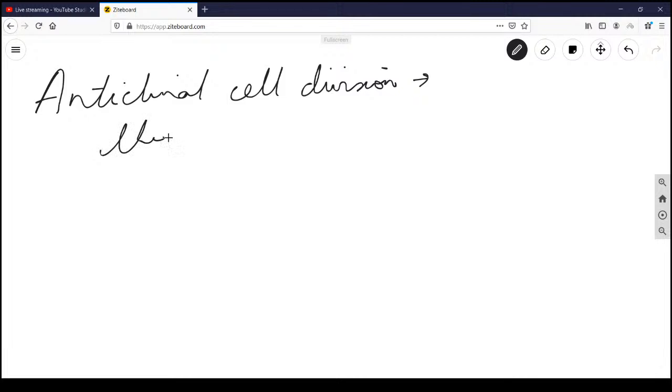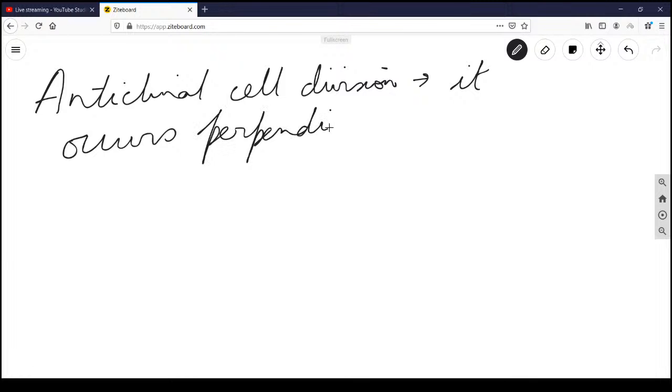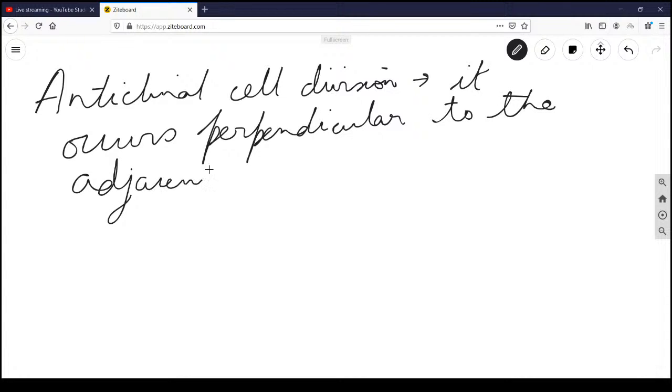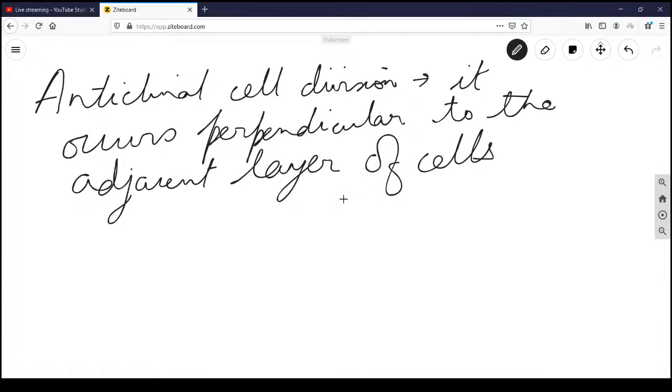They occur perpendicular to the adjacent layer of cells.